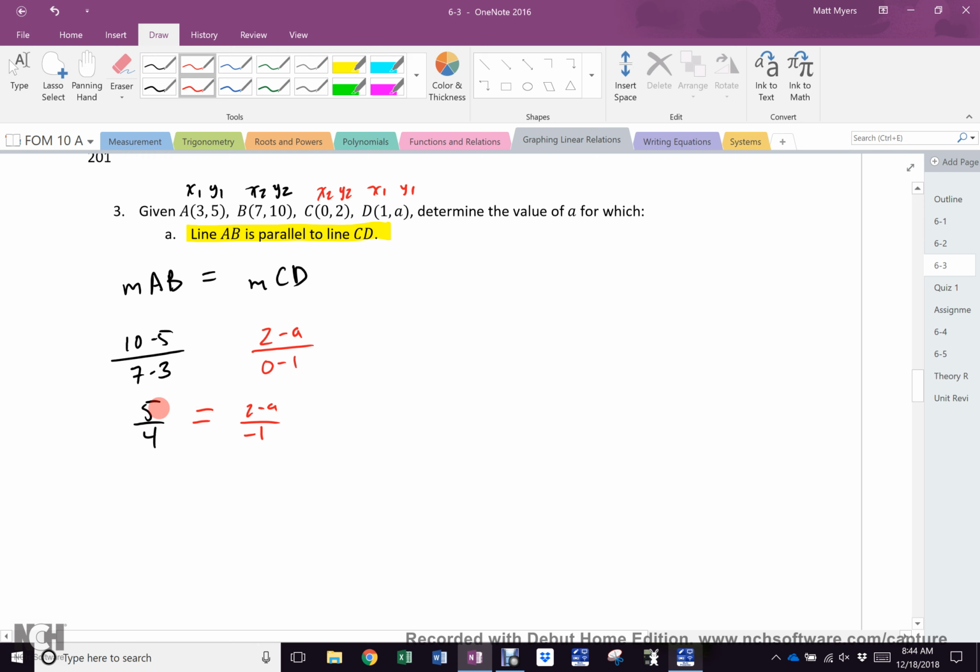Equals. Does this look like what we ended yesterday with? Is it fraction equals fraction? So what do we do to solve that and figure out that a? Cross multiply.